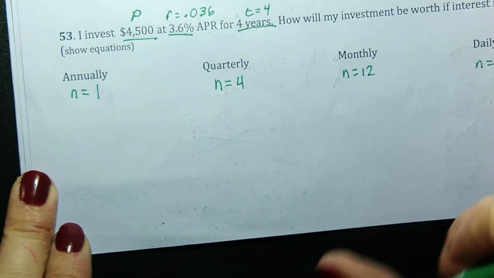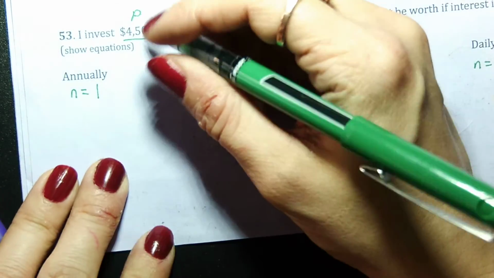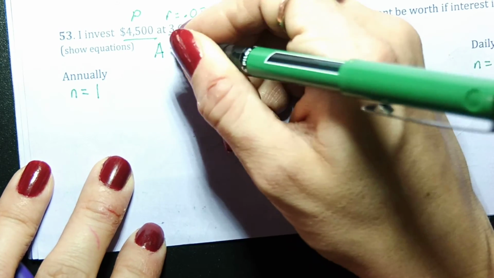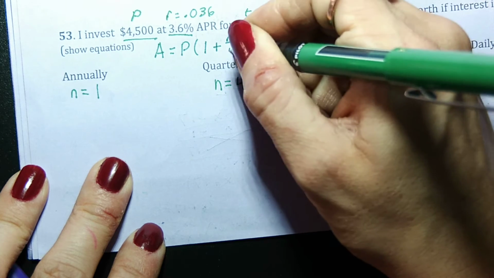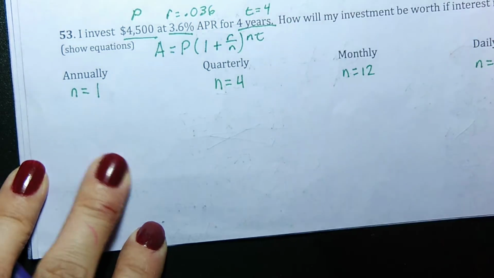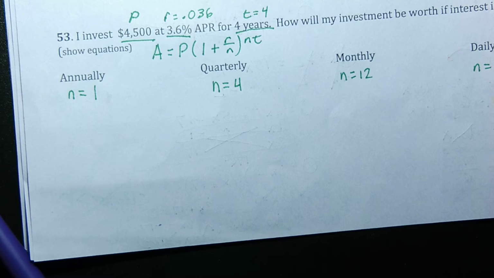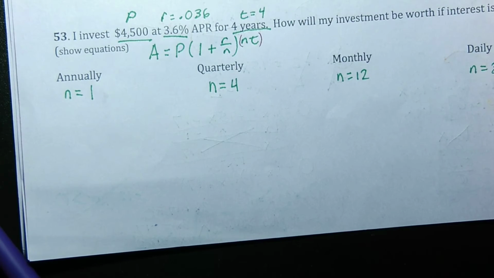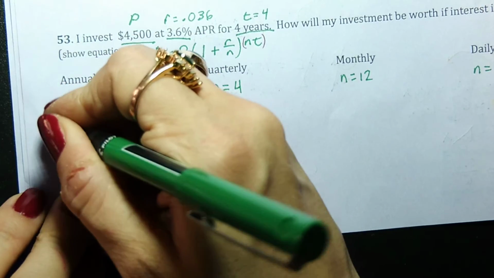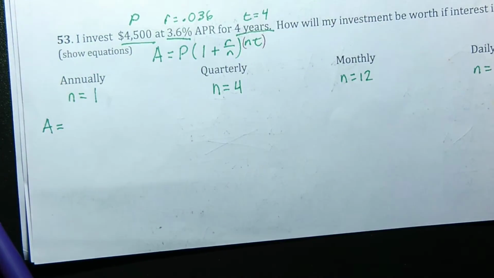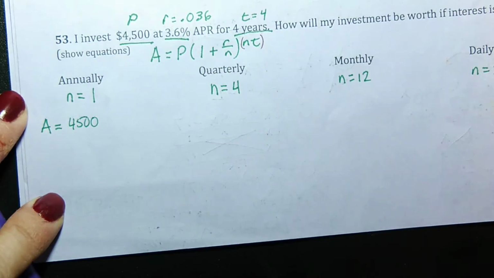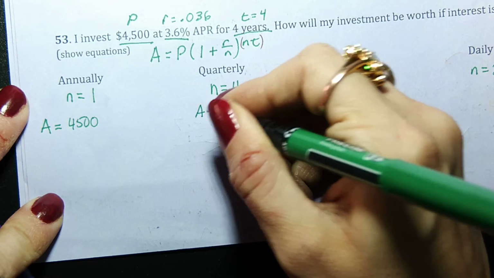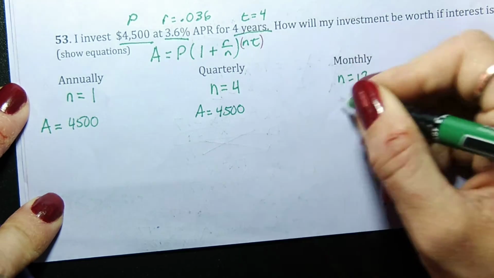So let's start with that equation for compound interest. A equals P times 1 plus r over n raised to the nt. And again, older calculators, those parentheses. So A is what we're looking for, that starting amount, or sorry, that final amount in the account. And it will be $4,500 for all of these. So actually, let's go ahead and write the skeletal structure of all these. P is $4,500.